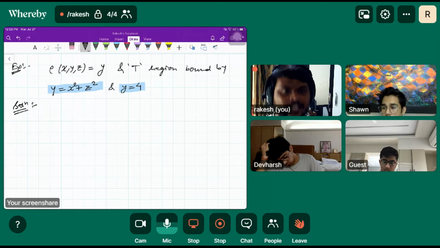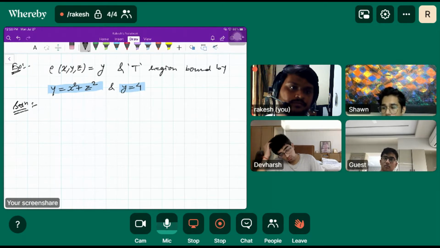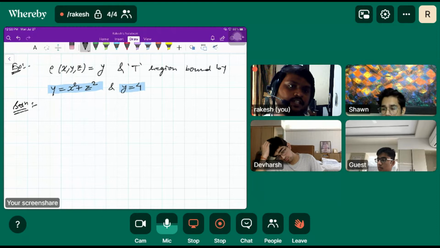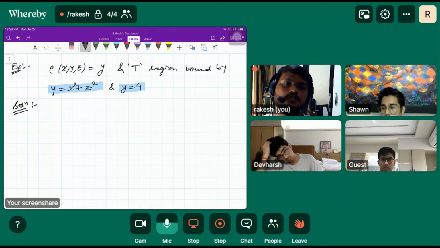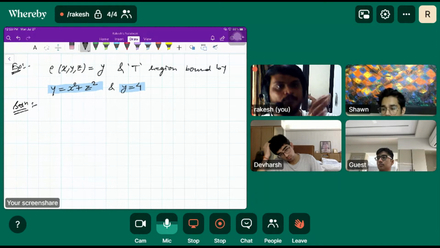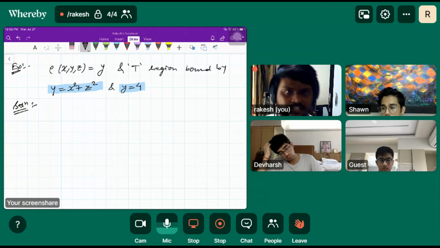That is a circle whose radius is 0, nothing but a point. If y is equal to 2, x square plus z square is equal to 2, a circle whose radius is root 2. So that's basically one paraboloid along the y direction.